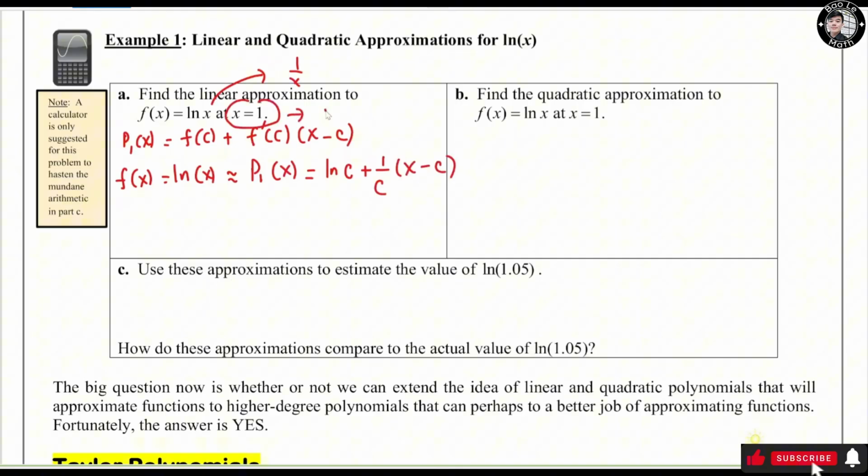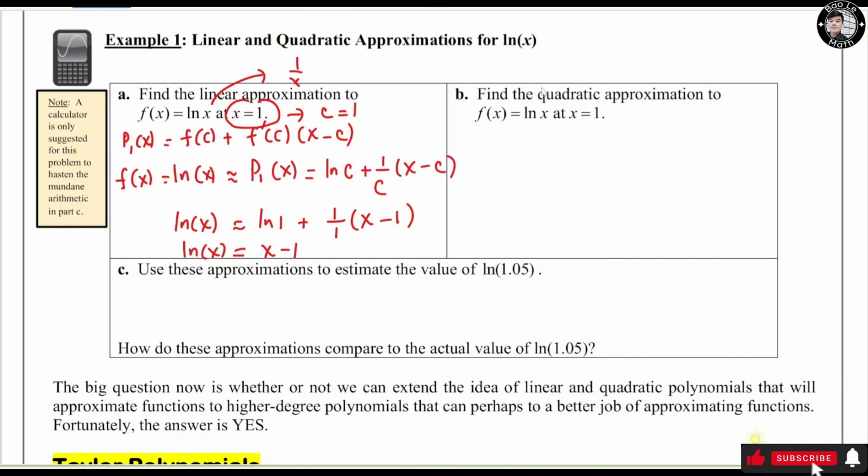Here c equals 1. So we have ln of 1, plus 1 over 1, times (x minus 1). Ln of 1 is equal to 0, so this one equals x minus 1.